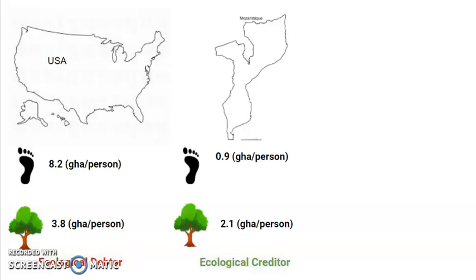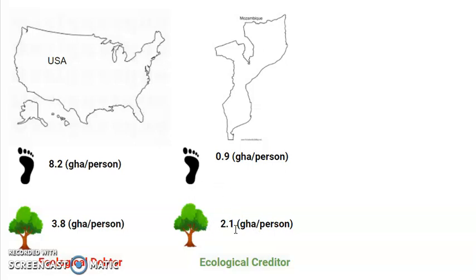Let's give another example here. This is Mozambique. Mozambique is a very small country in Africa, and the ecological footprint is 0.9 global hectare area per person, and they produce 2.1 global hectare area per person as a biocapacity. So they use less than they generate.